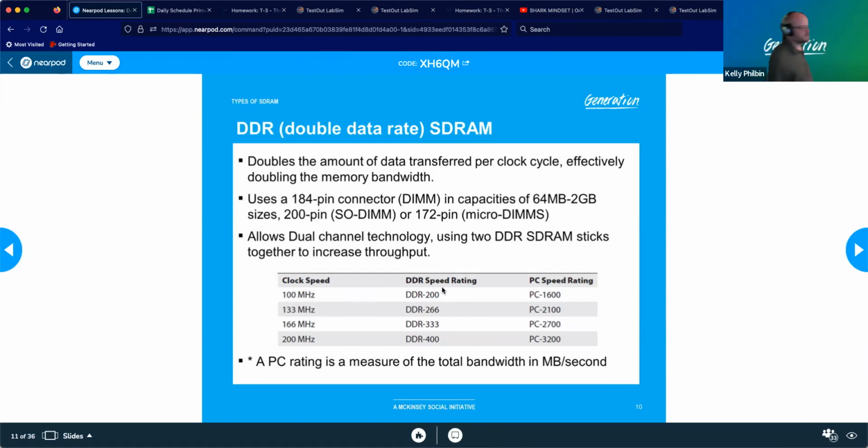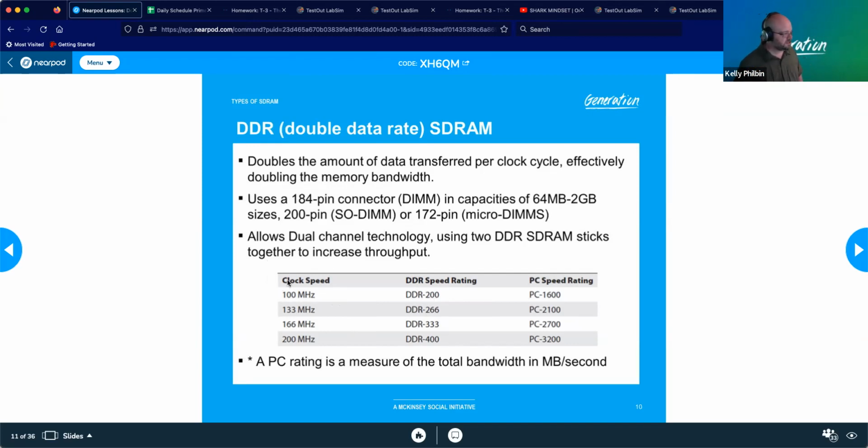All right, so we double our data rate. So if we had 100 megahertz, just to keep it easy, we double it, we get to 200. And then if we want to know what our PC speed ratings are, we have to multiply it by 8 because that gets us the number of bytes. So PC rating, you multiply your final speed by 8, and that's how you get it.